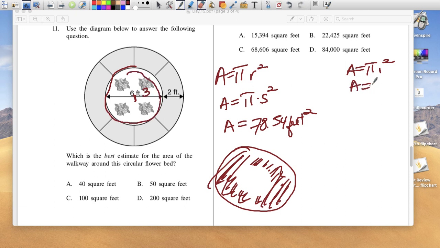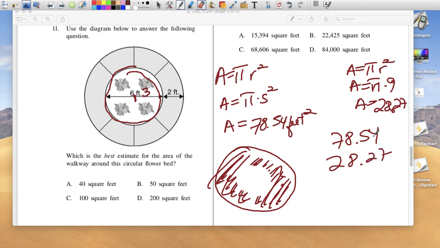So A equals pi times 3 squared, which is 9, so area equals 9 times pi, which is 28.27. If I subtract those two, 78.54 minus 28.27, I should get around 50.26, so around there.